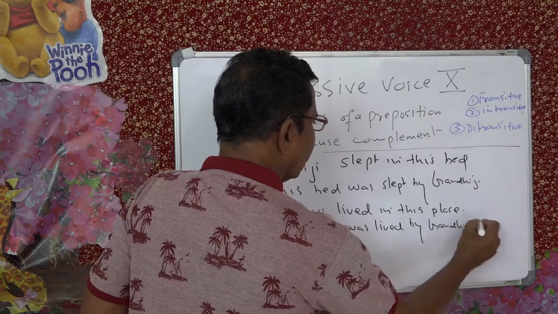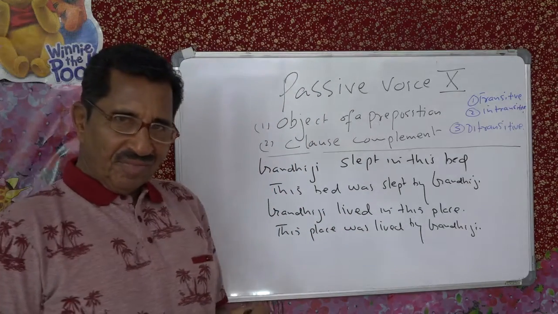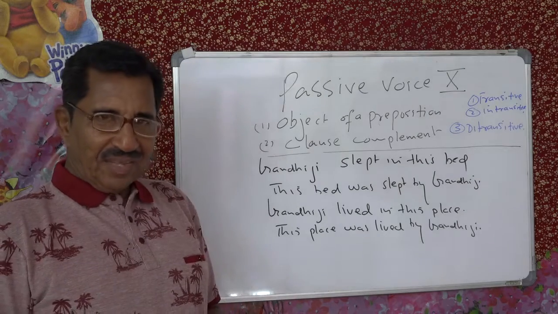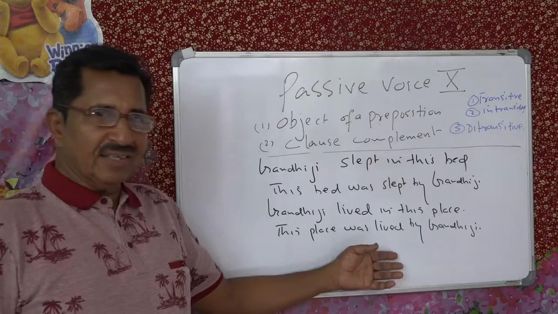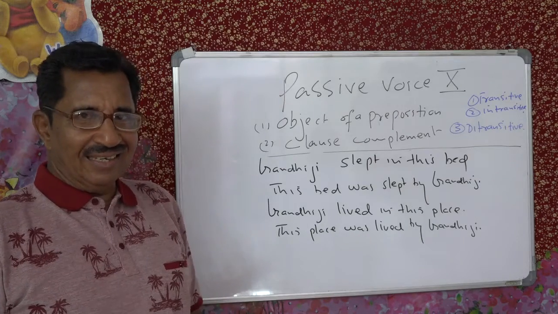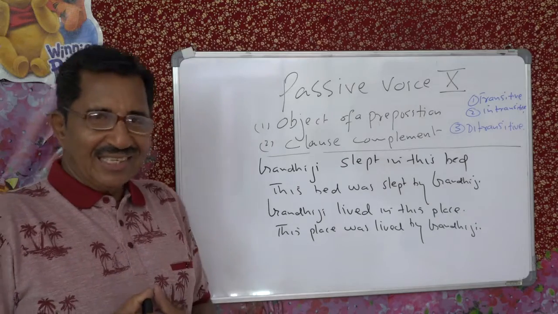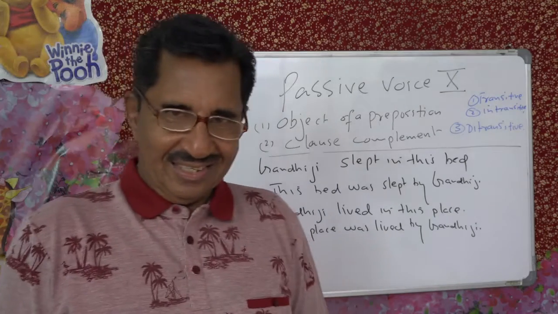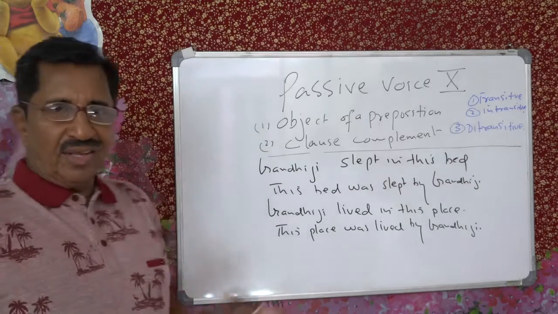See that? Yes. Did you see that? You can do that if you want. This place was lived by Gandhiji, but it's possible, theoretically possible. That's all. In case you get tricky questions like this, you can do that.